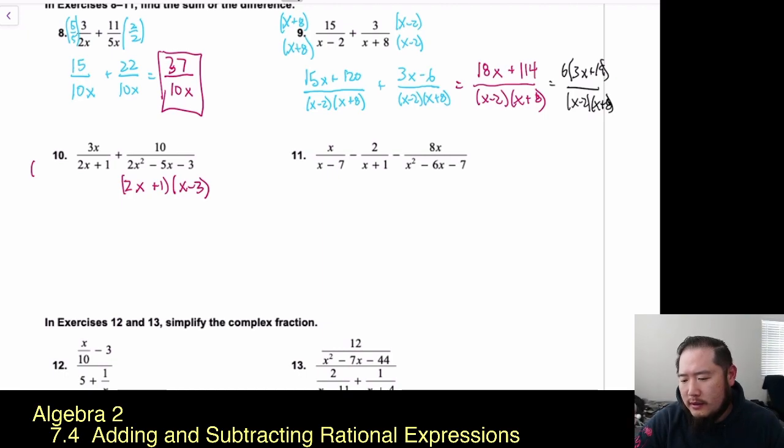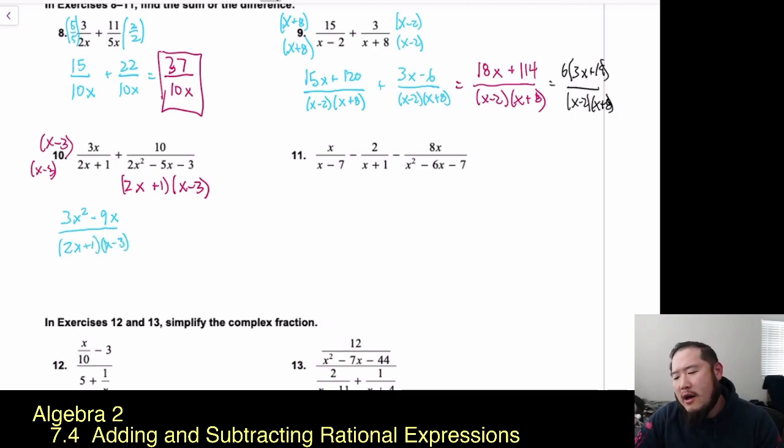All right. So now let's go ahead and rewrite things out. I want to distribute the numerator right there, and I've got 3x squared minus 9x over 2x plus 1, x minus 3, plus 10 over 2x plus 1, x minus 3.